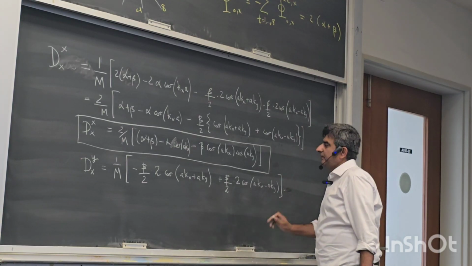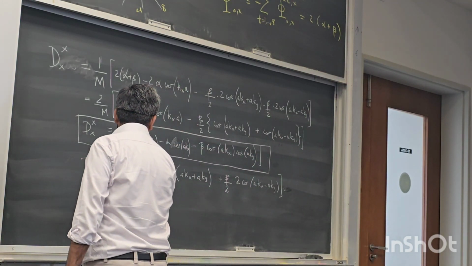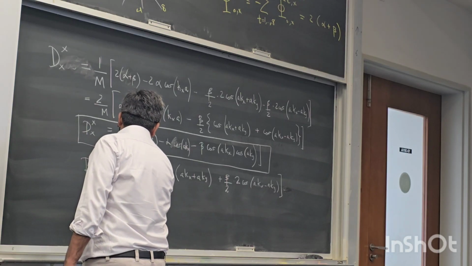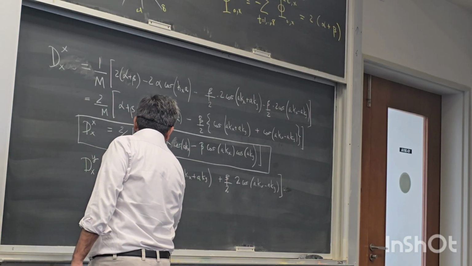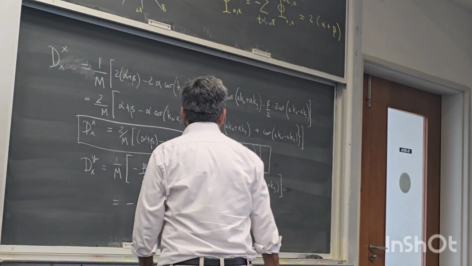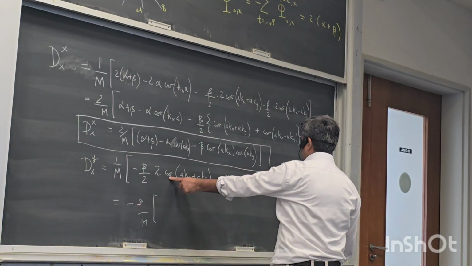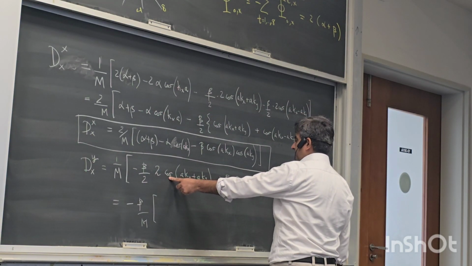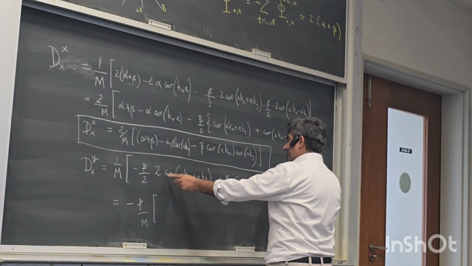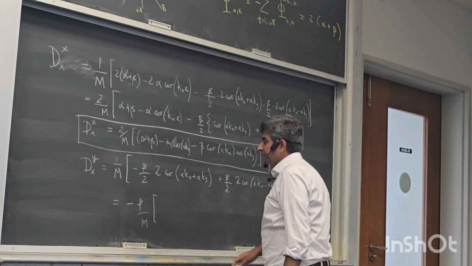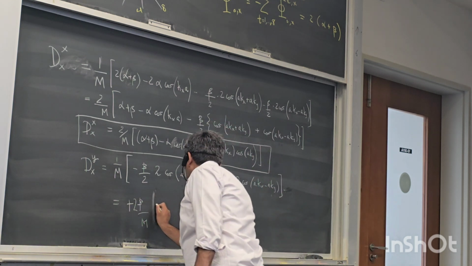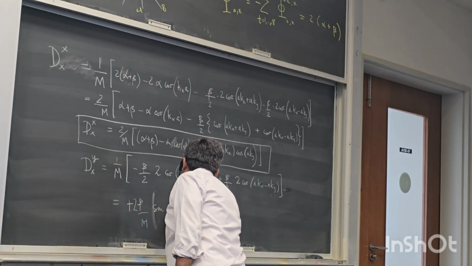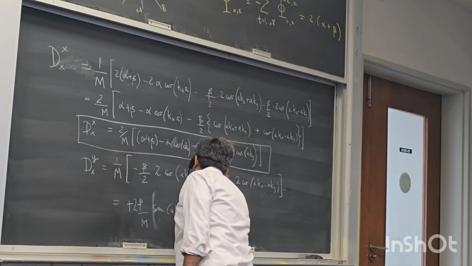This yields minus beta over m cosine minus sine, minus 2 sine, I get plus 2 beta over m sine of akx sine of aky.